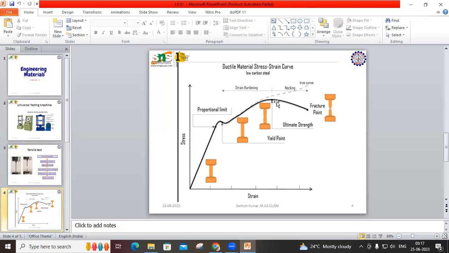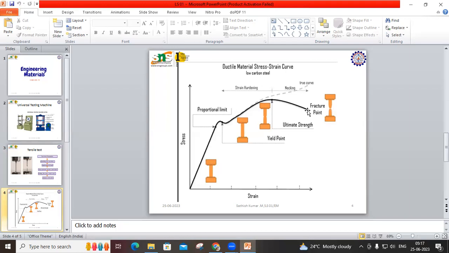Then necking happens, and finally the material fractures and separates. Here you can see the picture of a single specimen cut into two pieces. The material fails at this point.